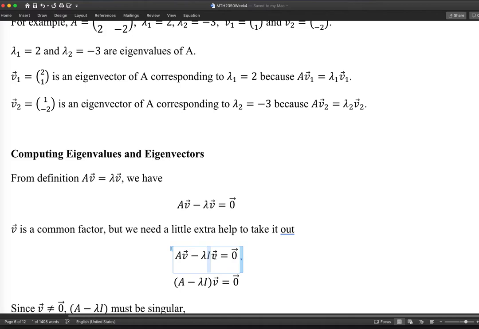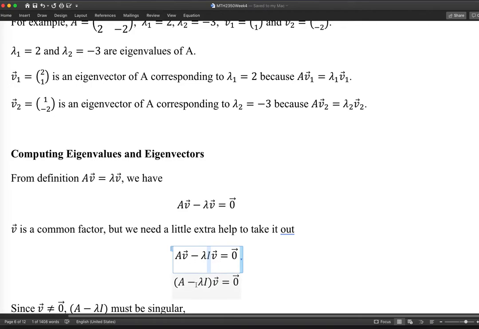So for the lambda times v part, I could insert an identity here, because the result will be the same. By inserting this identity over here, now it makes perfect sense to factor out this vector v. v is common to both.